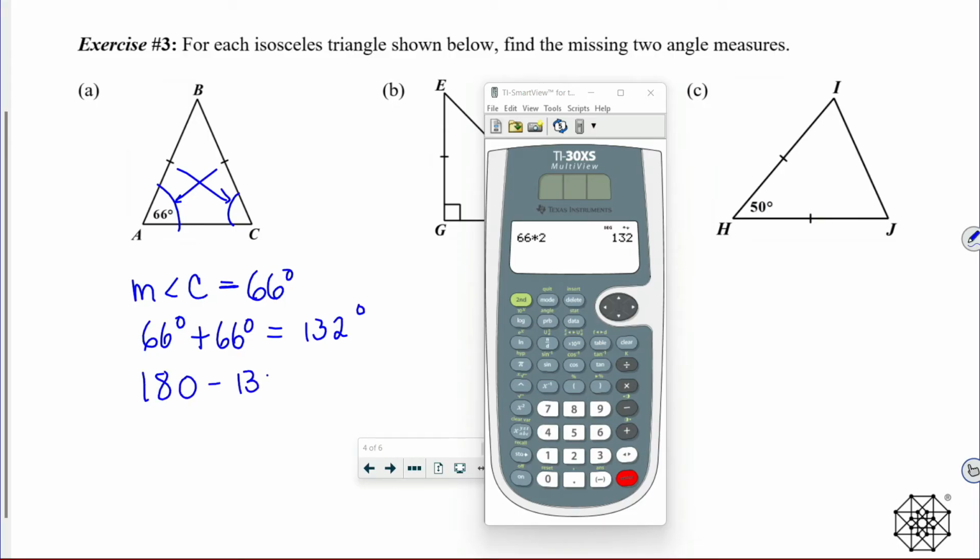This is why I should never try to do addition or multiplication just in my head. Then I just do 180 minus 132, and I'll get the measure of angle B, which is 48 degrees. I'm going to just throw that in there.